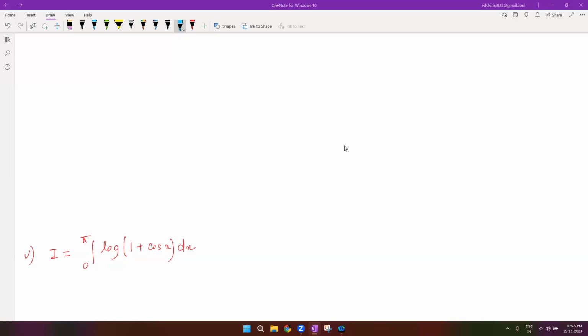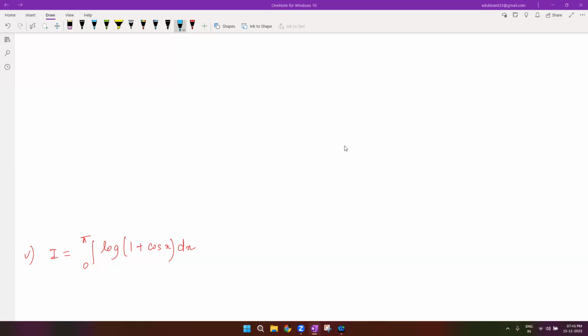Now what happens when I use fourth? It becomes cos of pi minus x. What is cos pi minus x? Can someone solve this expression? Cos pi minus x? Anyone?